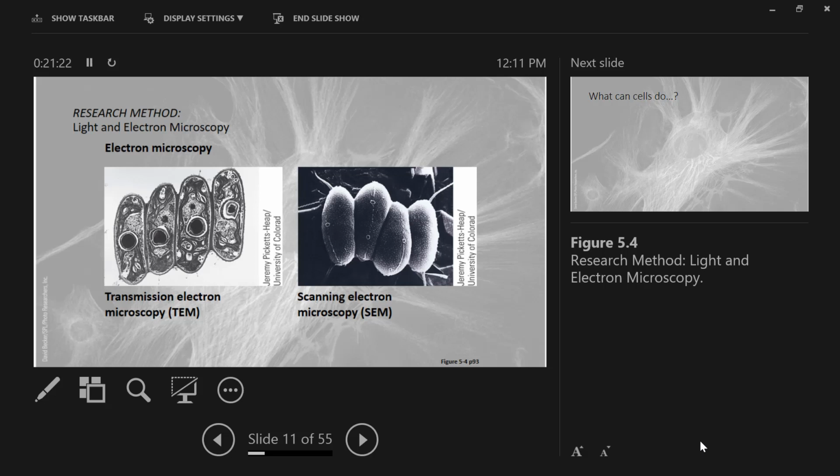So unfortunately, with both forms of microscopy, electron and light, you can usually only really look at things that are already dead and fixed in terms of getting really good resolution and a good idea of what's going on inside. So then it forces you to ask, which question?